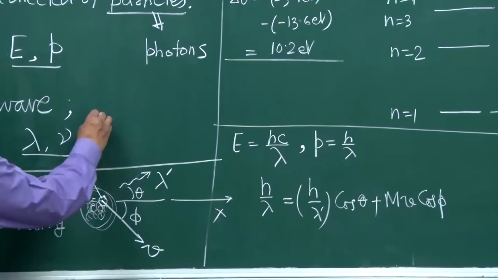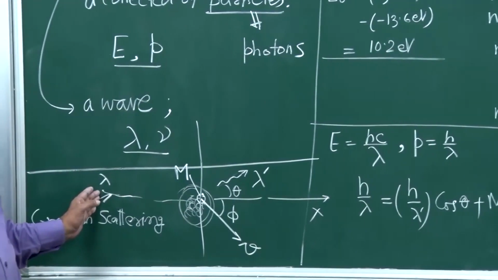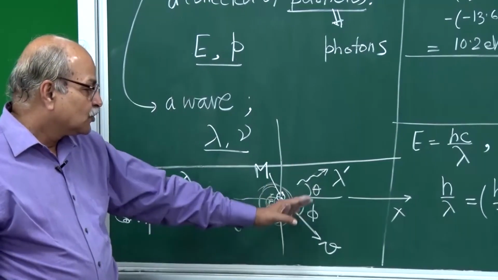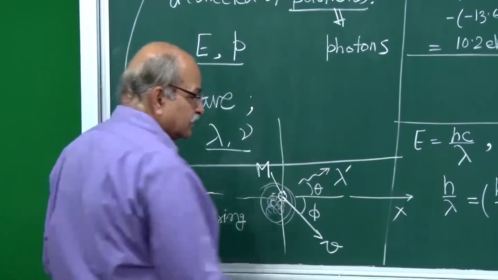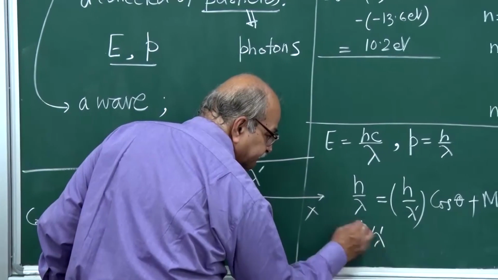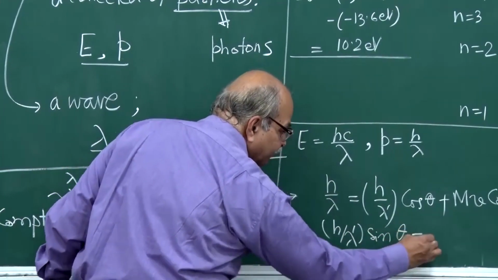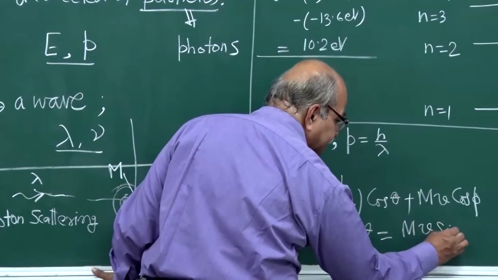And in the y direction, the initial linear momentum was 0, so the final linear momentum should also be 0. So, you have h over lambda prime sin theta, and that should be equal to m into v into sin phi.